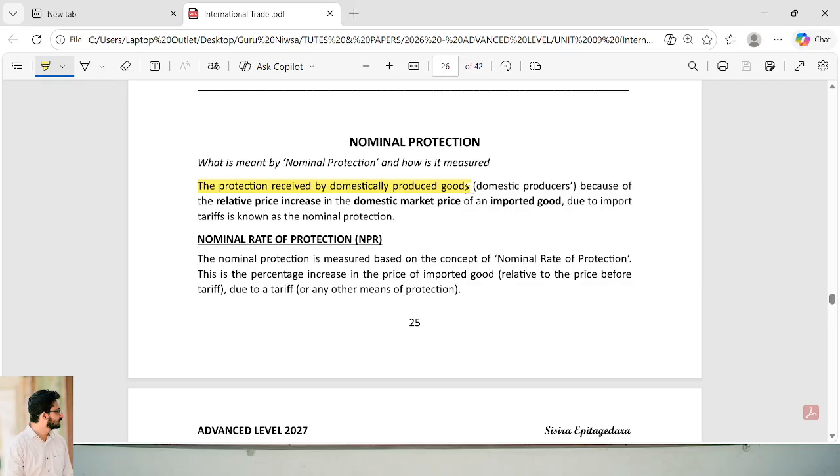Because the price of the imported good becomes expensive, because of the relative price increase in the domestic market of an imported good due to an import tariff, it is known as the nominal rate of protection, NRP.